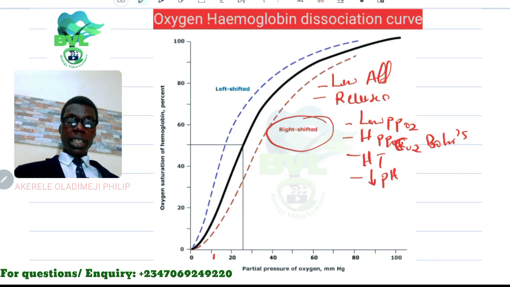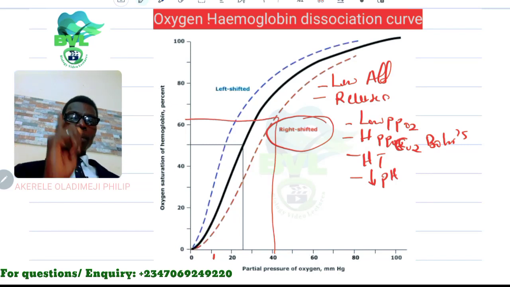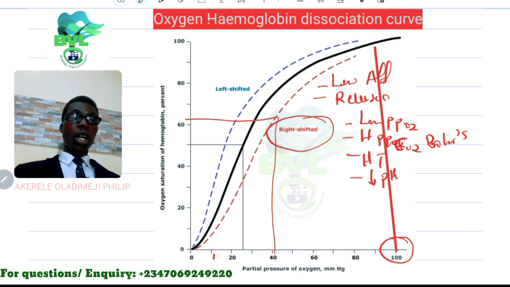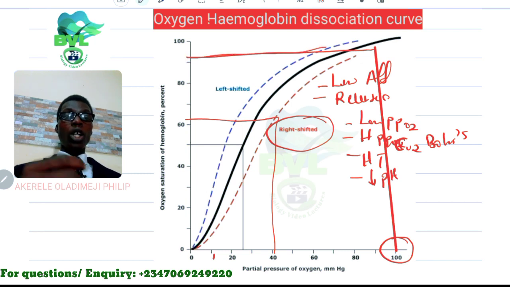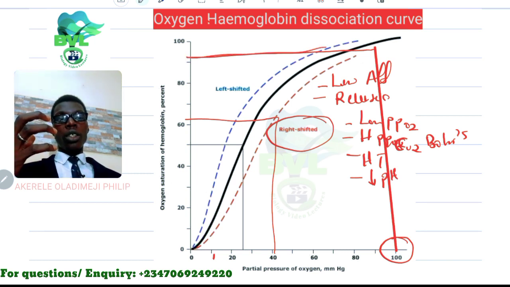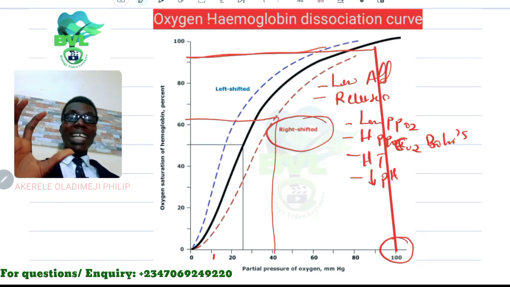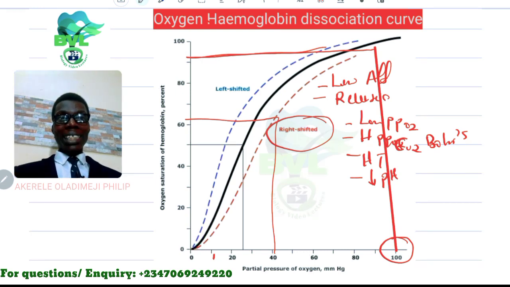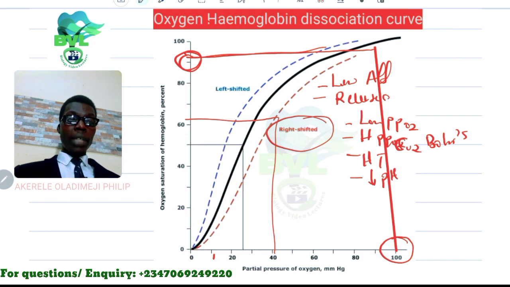All right, basically. If you trace this out, you go like that, you go like that. Now let me say it here. At 100 millimeter mercury, the oxygen will have saturated hemoglobin at 95%.